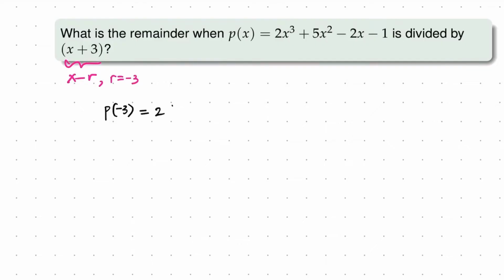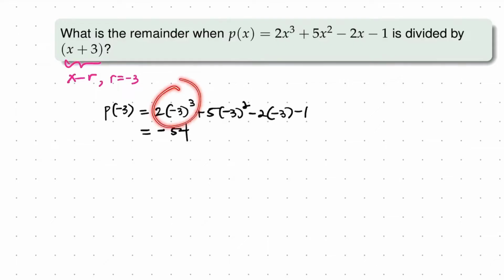So, we get twice times negative 3 cube plus 5 times negative 3 square minus 2x minus 1. X is negative 3. So, we get negative 54. This is negative 54. 9 times 5, 45.